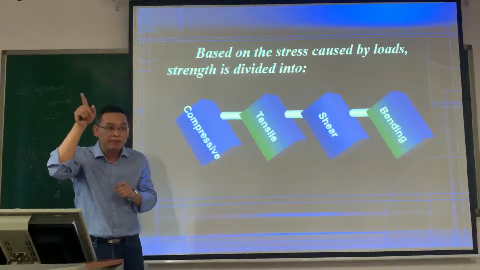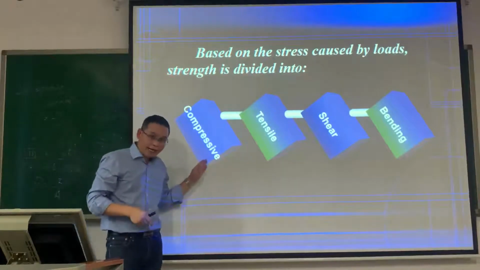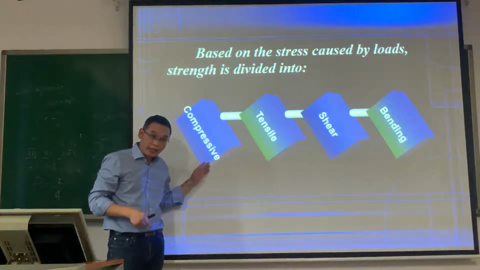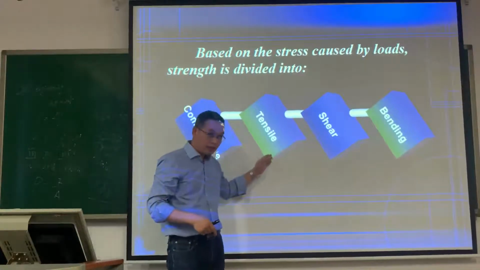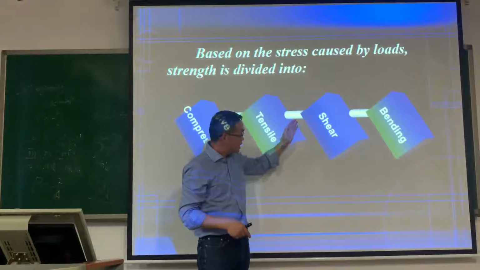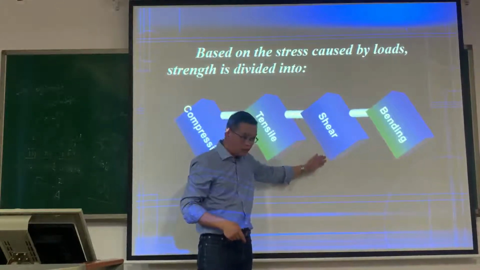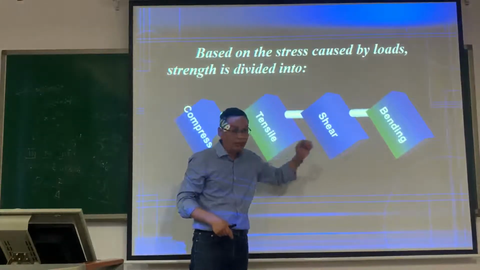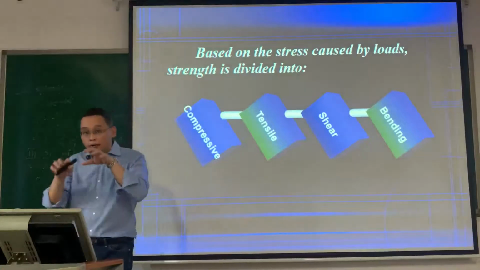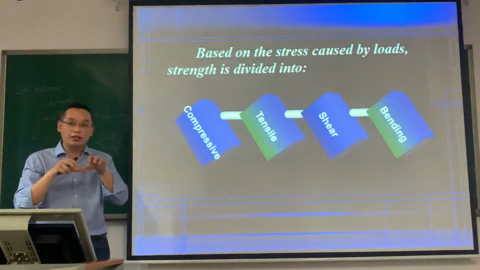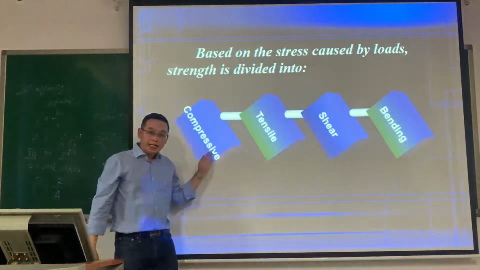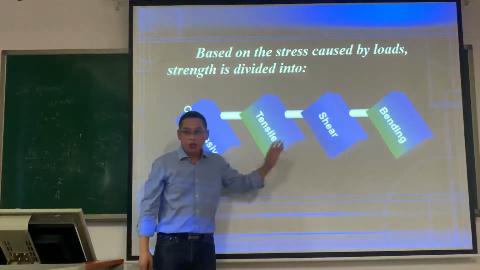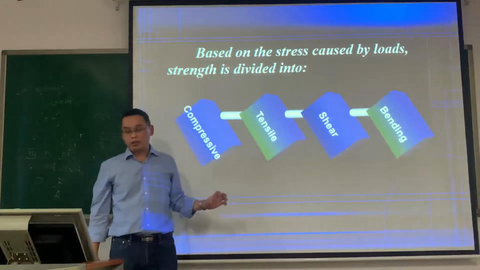For this beam, it can have its compressive strength, its tensile strength, its shear strength, and its bending strength. For the same kind of concrete, these four kinds of strengths are different.